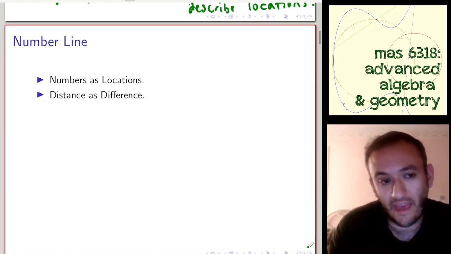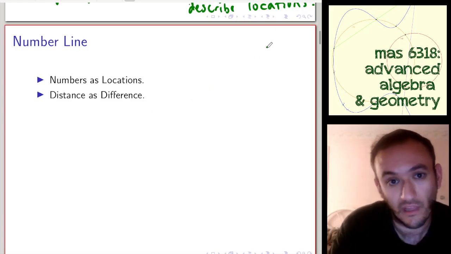So in particular, the first case where we can use numbers to describe location is on the number line.